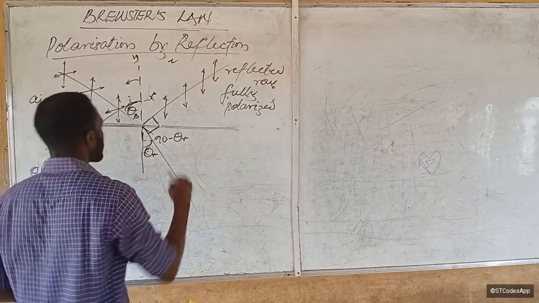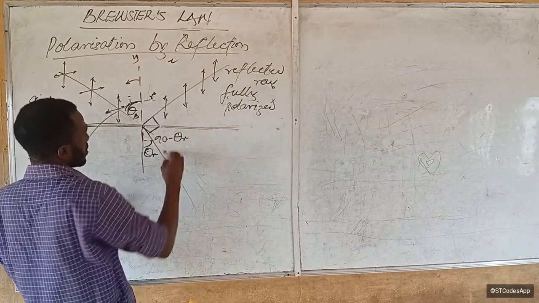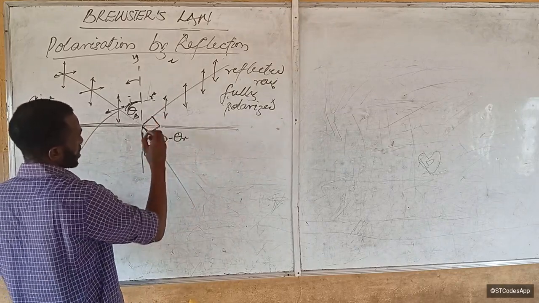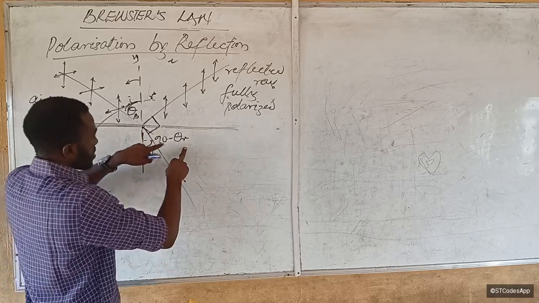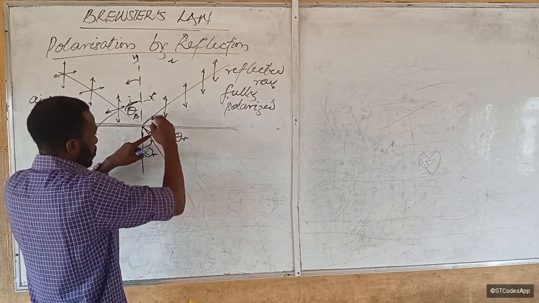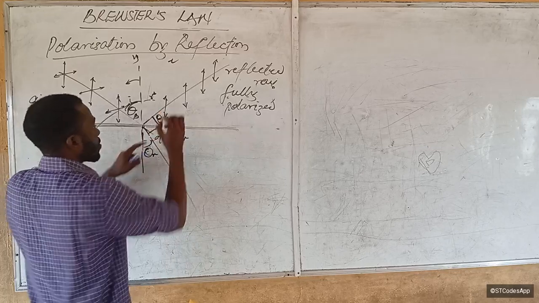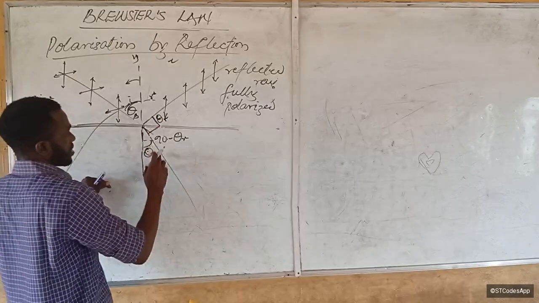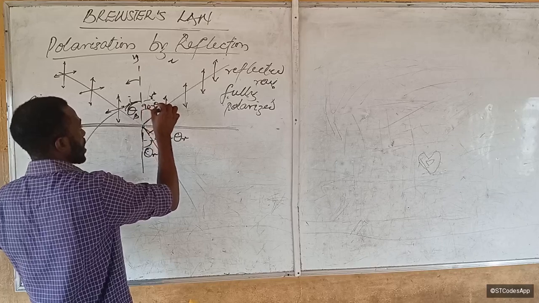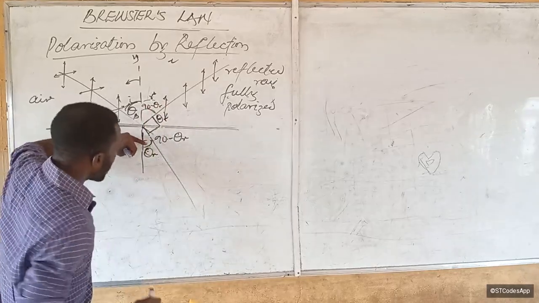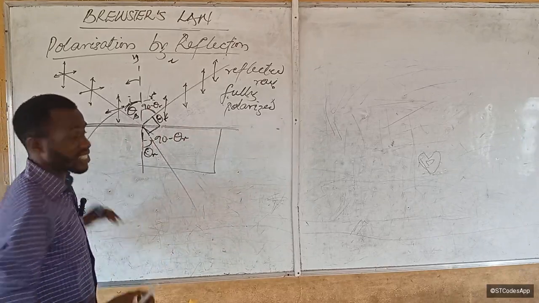Then it also means that this angle here, if from here to here is 90 degrees, and this place alone is 90 minus theta r, then for this place to be equal to 90, this place needs theta r. And if that is theta r, then this place too must be 90 minus theta r. I hope I didn't confuse you. Angle of refraction. So from this place to this place, we have 90 degrees, right?